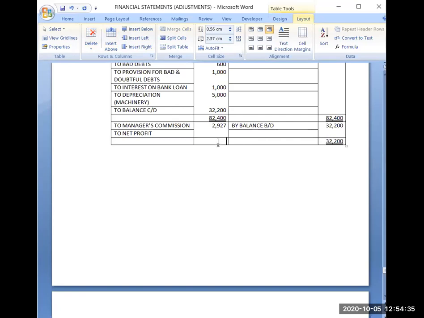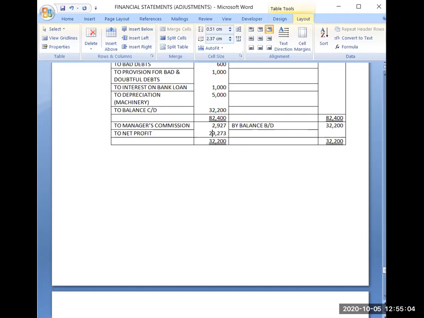Again I will write it on the opposite side 32,200. Now it is 7, 3, 10, 3, 7, 10, then 10 plus 2, 12, then 3 plus 9, 12, and 1 is carry on, so it will be 29,273. This is your net profit.